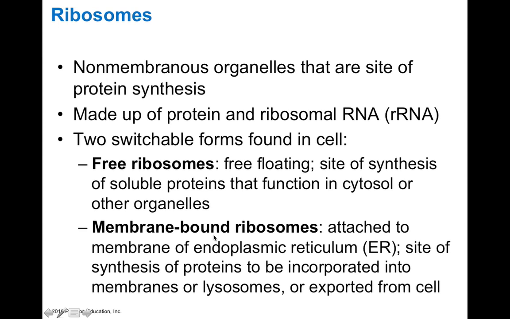But we also have membrane-bound ribosomes, which you find on rough endoplasmic reticulum, which is what gives it its kind of rough appearance. This is the site of synthesis of proteins that are going to be incorporated within like the membranes of your plasma membrane, or lysosomes are also created by rough endoplasmic reticulum, or proteins that are going to be exported from the cell through like exocytosis.